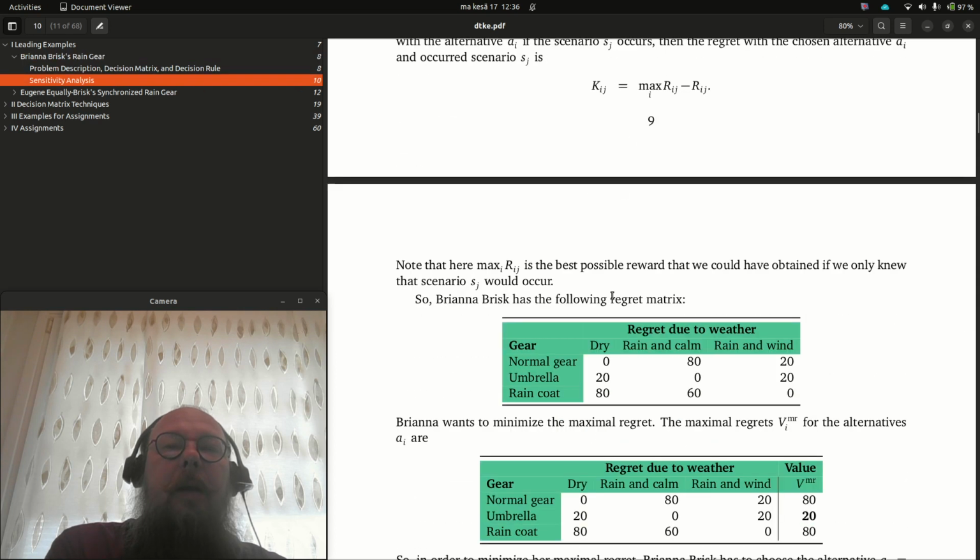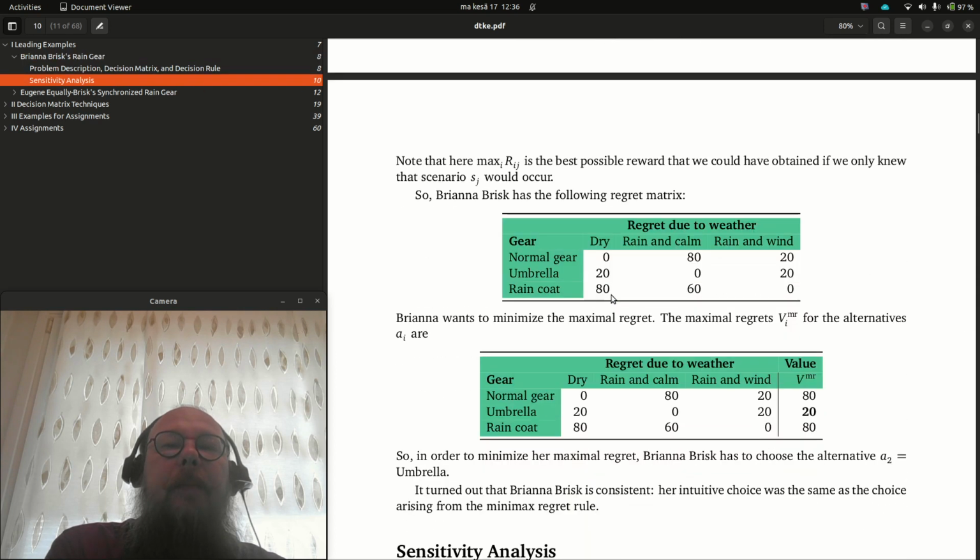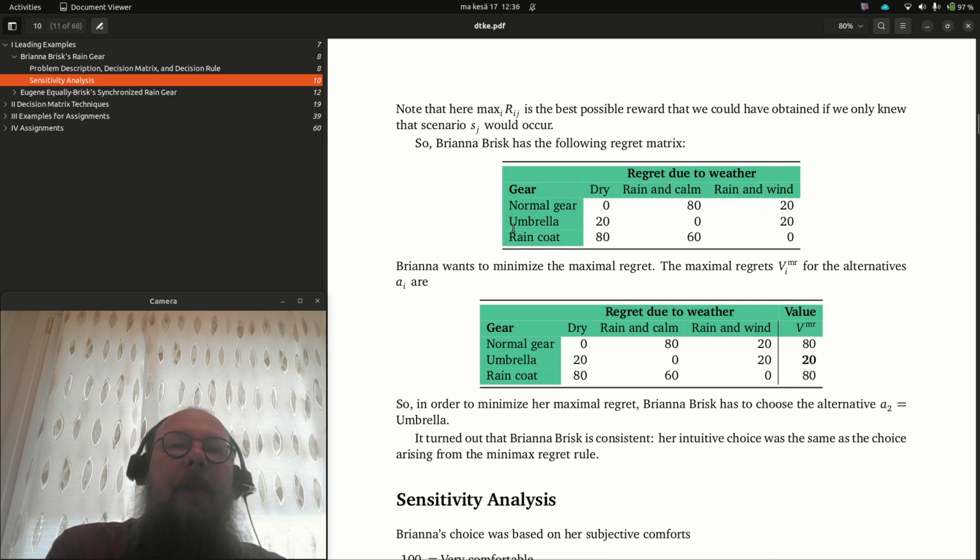And here is the so-called regret matrix. So in this matrix, these are the Kij's. So for example, in normal gear and dry weather, we have no regrets because that's the best possible choice.